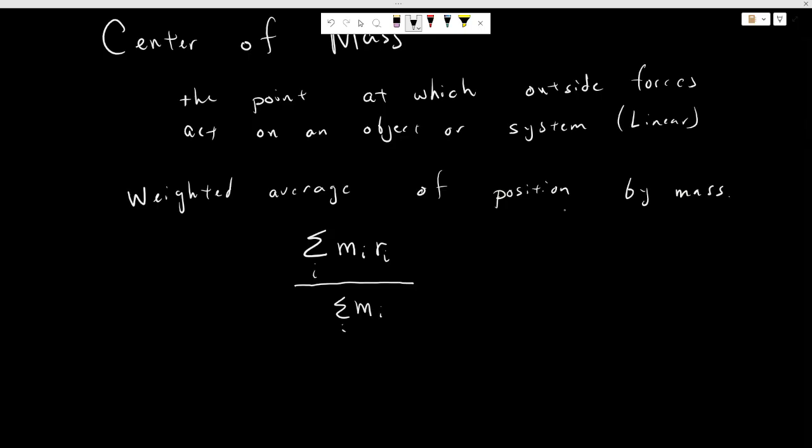Right. So in this case, this would be the r for the COM, for the center of mass. And this is also a vector here. And so this would actually be equal to 1 over the total mass for a continuous object, integral of r dm.